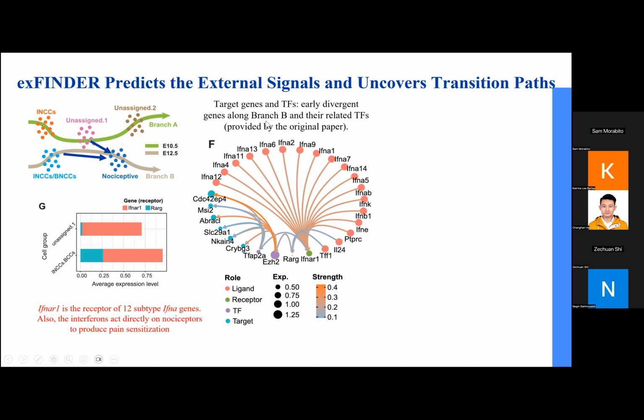And then we use this information to infer the possible signals and the receptors. The interesting thing is that we have a lot of ligands that talk to these two receptors, and then these two receptors later activate these TFs and the target genes provided in the original paper.